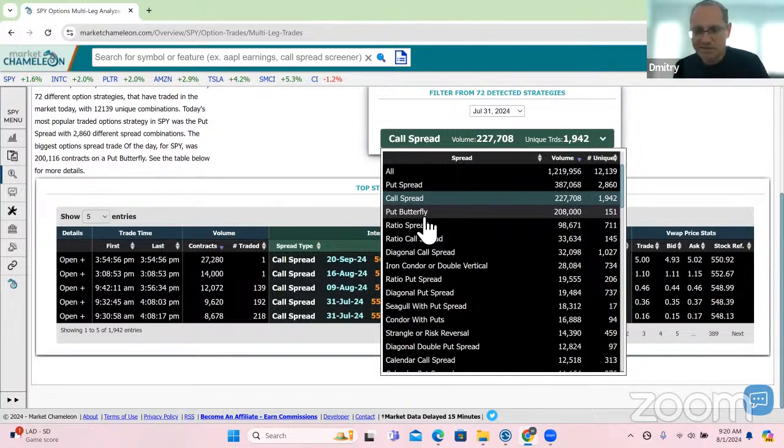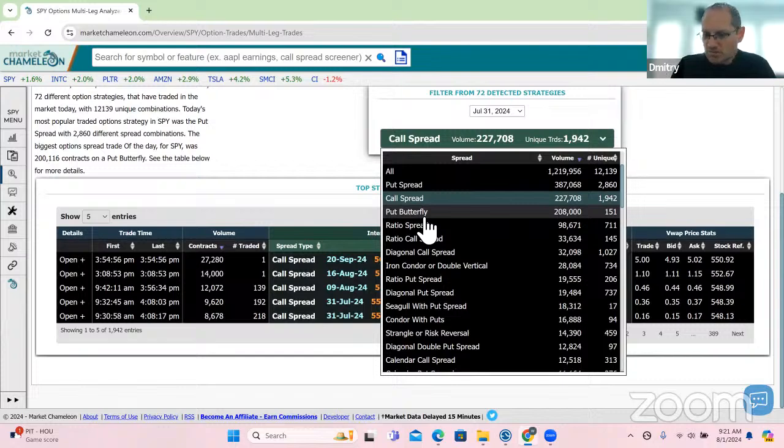Now, put butterfly is a little bit different than a call spread because what is a put butterfly? It involves 4 legs. It's not 2 legs, it's 4 legs. So the strategy itself involves more contracts, right? A put butterfly involves more contracts because it's a 4-leg strategy. A call spread or put spread is a 2-leg strategy.